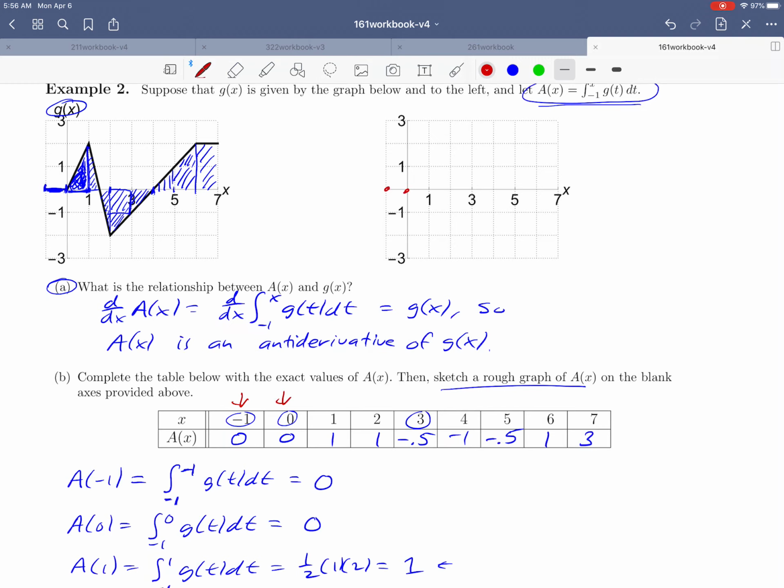Okay, we just keep going. 1, 1, 2, 1. 3, -0.5. That's going to put us down here. 4, -1. 5, -0.5. 6, 1. And 7, 3.